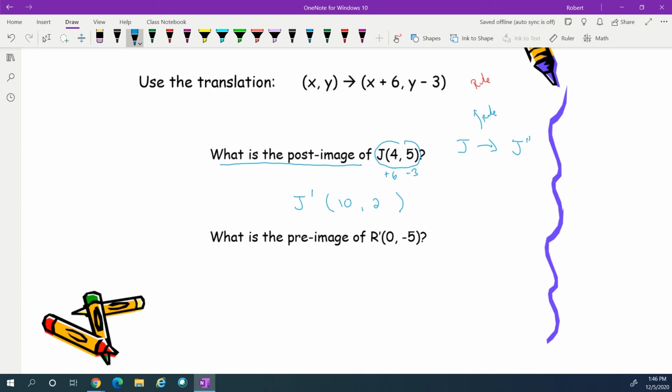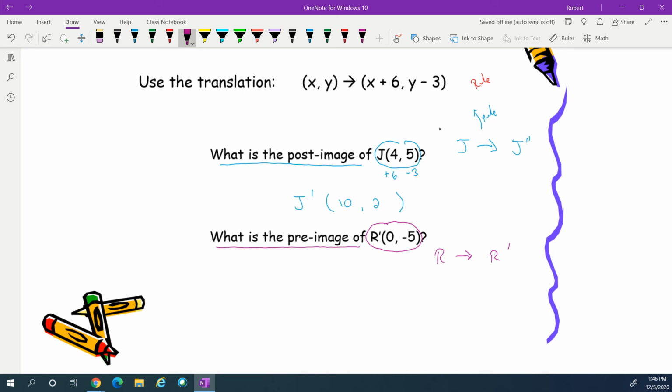In the second example, note, be careful with this one. This one works a little bit differently. It's actually backwards. What is the pre-image? They're giving us R prime. Remember, R becomes R prime.